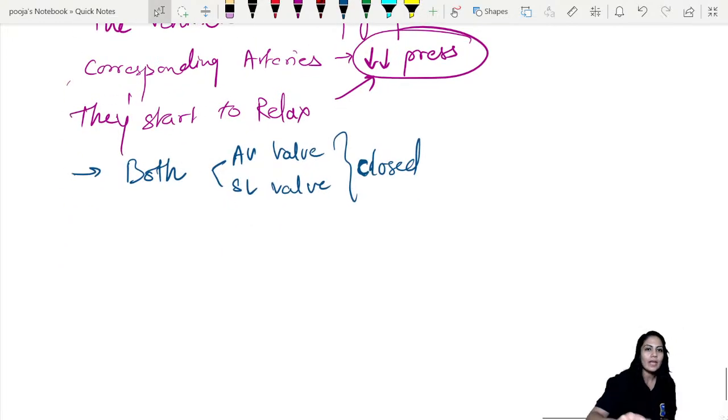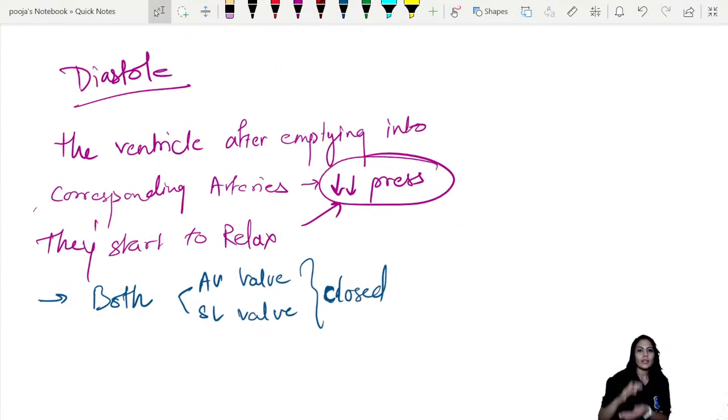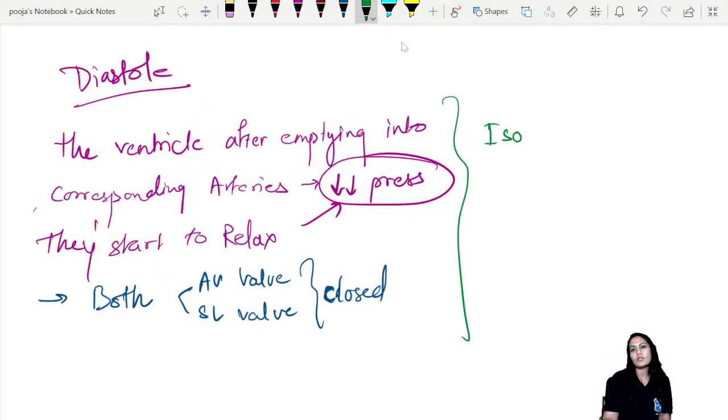As I told you, the pressure decreases there. If both the valves are closed, definitely no movement of blood from the ventricle or into the ventricle. So ventricular volume will be the same, and this is known as isovolumetric relaxation.